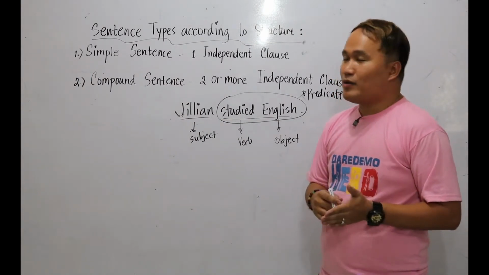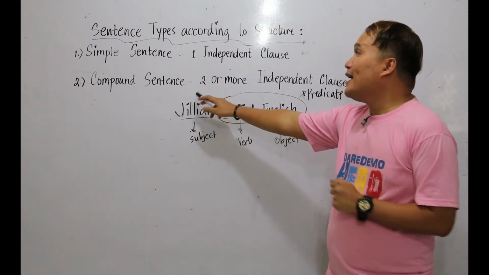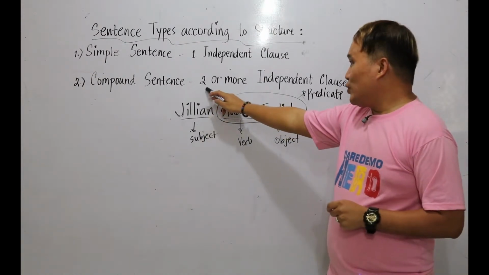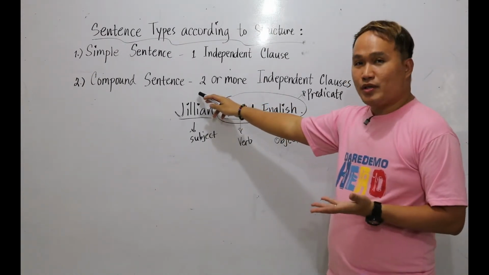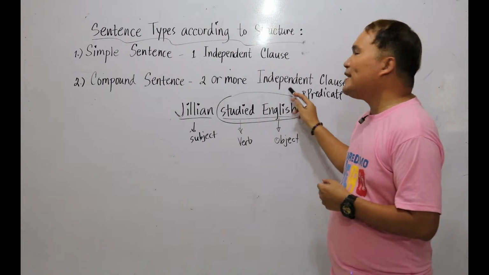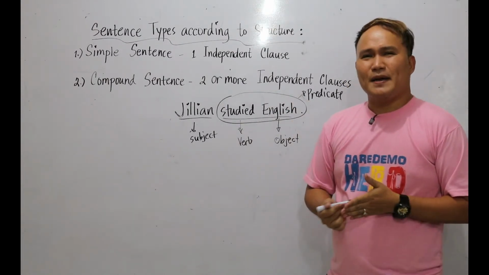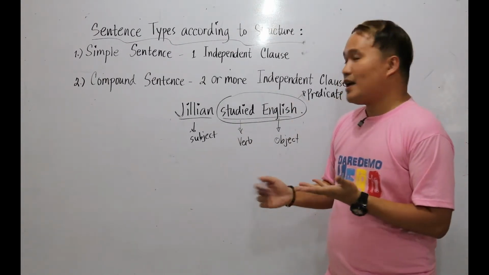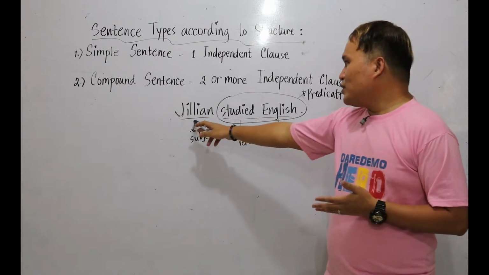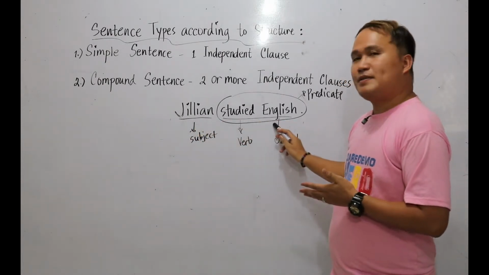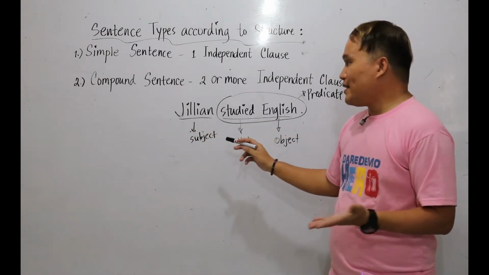What is a compound sentence? Let's read. It is composed of two or more independent clauses. What does it mean? So, for example, this one is an example of an independent clause because it can stand alone.